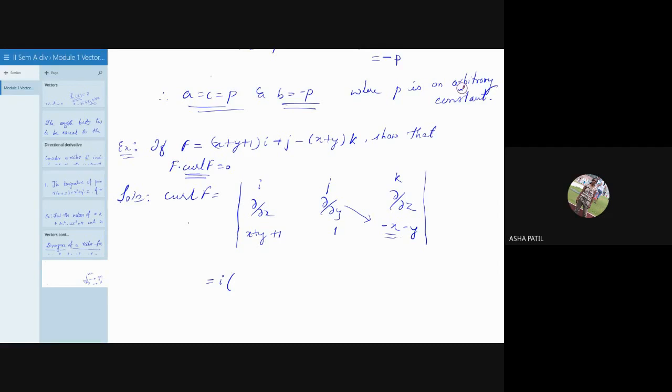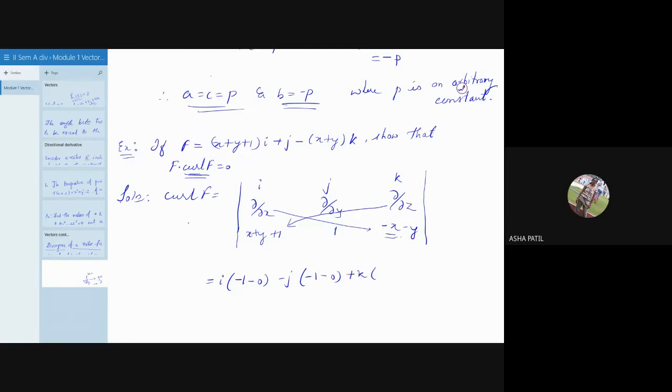So derivative of minus y with respect to y is minus 1. Then dou by dou z of 1 we'll get as 0. Then minus j, derivative of minus x minus y with respect to x, again it is minus 1. Then derivative of x plus y plus 1 with respect to z. No z term, derivative becomes 0.